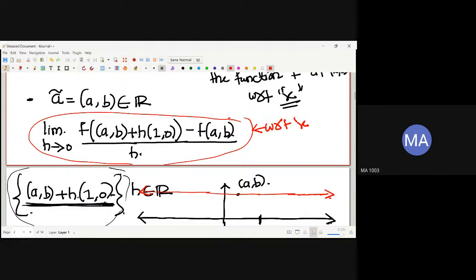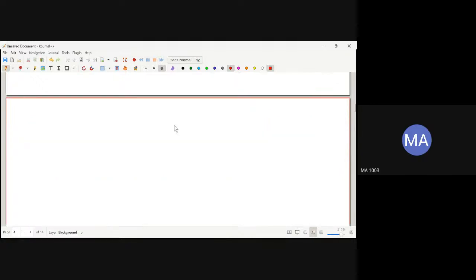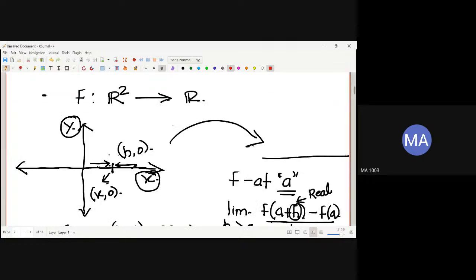Similarly, I can define the derivative with respect to y as well. So what do I need to define? See this, what is the y-axis? This is basically (0, 1).